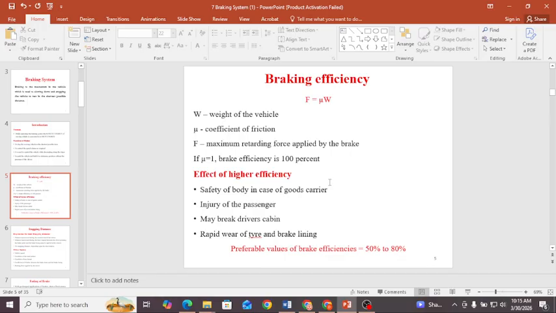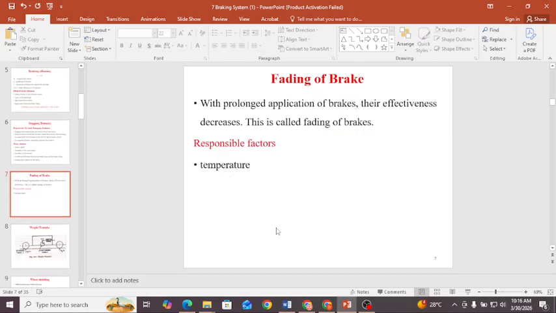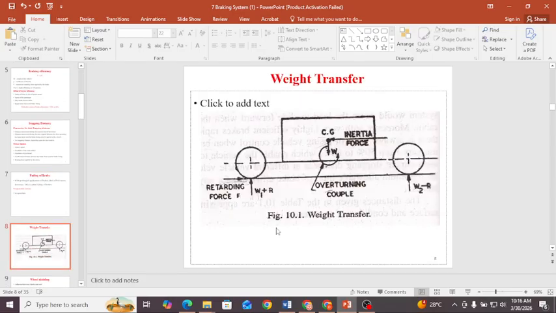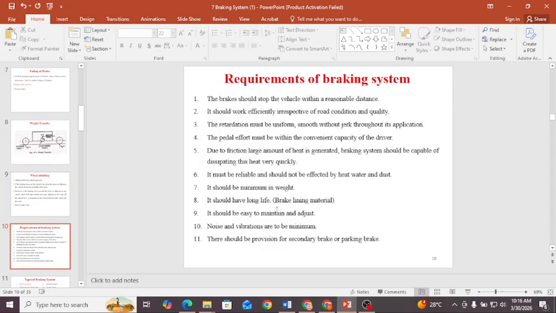Then the stopping distance: different factors affect it, and to minimize the distance we consider vehicle speed, condition of the vehicle, and condition of the tire tread. Worn tread is a negative point. Then there is weight transfer, which can be explained with different physics phenomena.